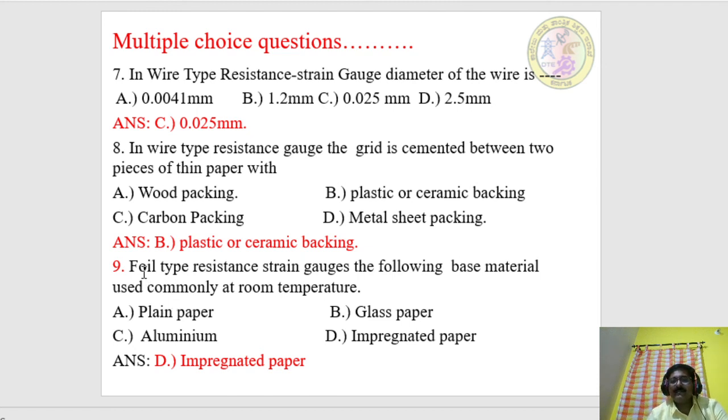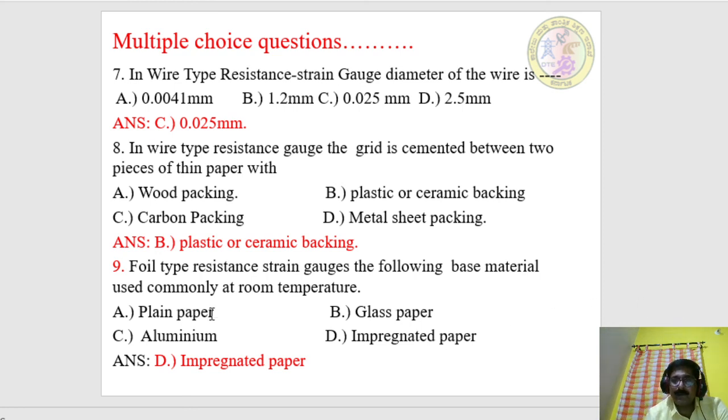Question number 9. Foil type resistance strain gauges: the following base material is used commonly at room temperature. In foil type resistance strain gauges, they use a base material at room temperature as well as higher temperature. First we look at the options: plain paper, glass paper, aluminium, impregnated paper.